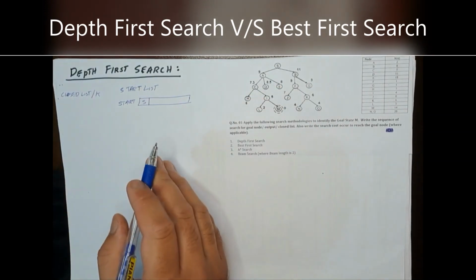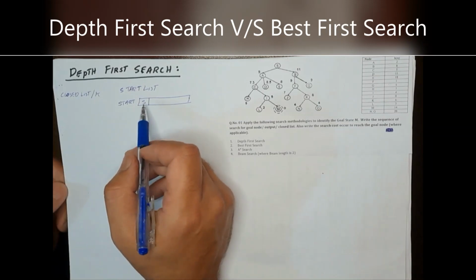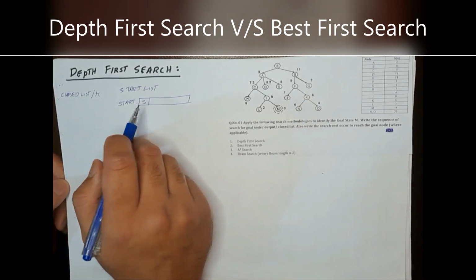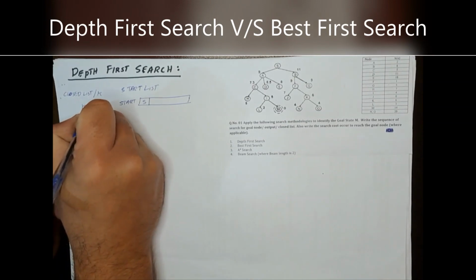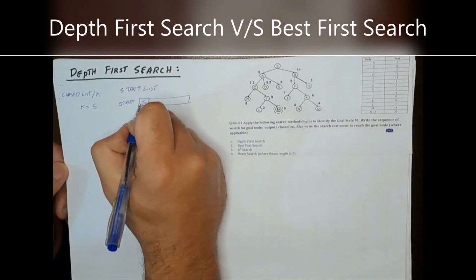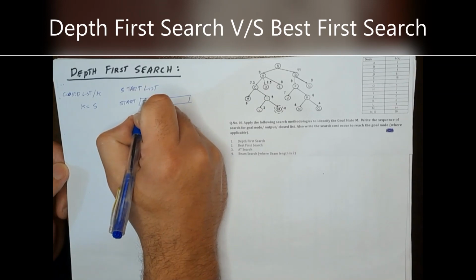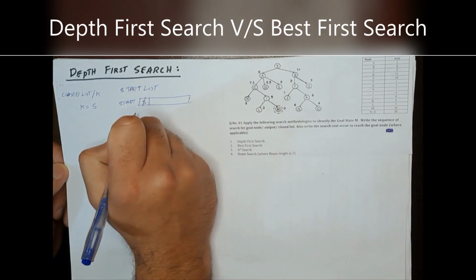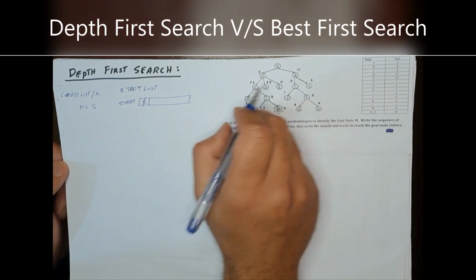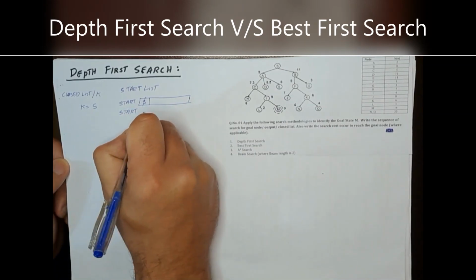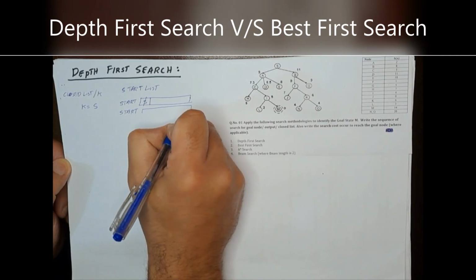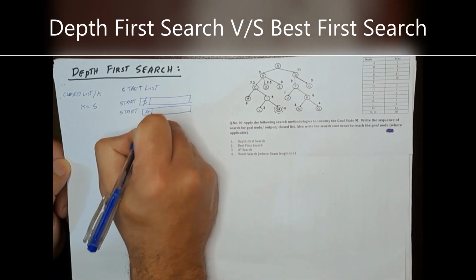What we do in the algorithm, we firstly give the first node from the list to a variable that is k. Here I mentioned it. Now when k gets this value, s is deleted from the start list and is replaced by its child nodes. So what we have here, a and b. So now the members of the start list will be a and b.